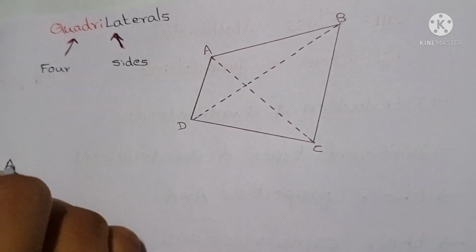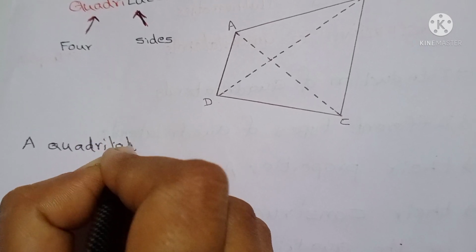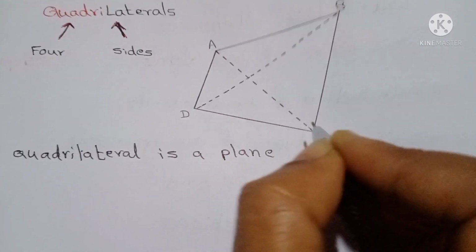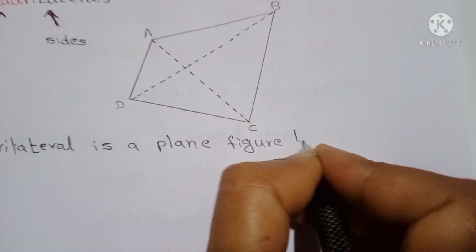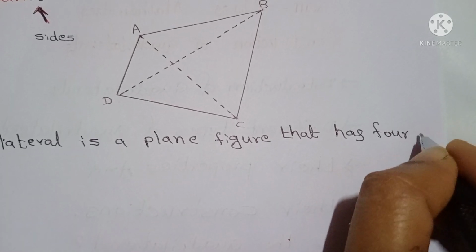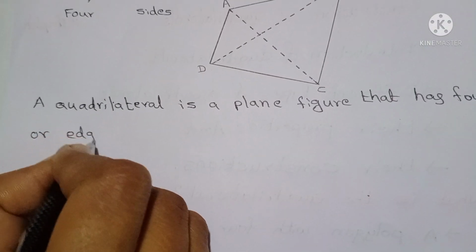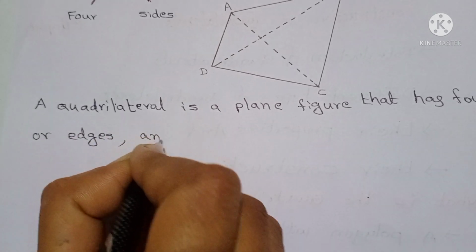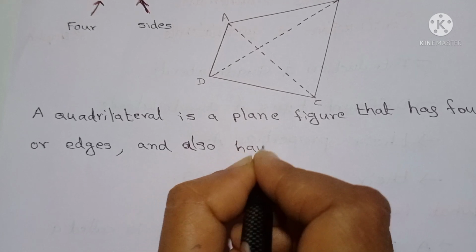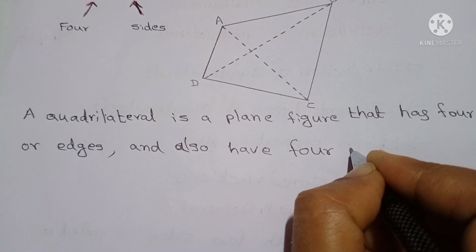A quadrilateral is a plane figure that has 4 sides or edges, and also has 4 corners or vertices.